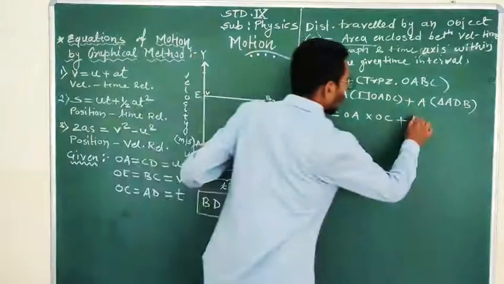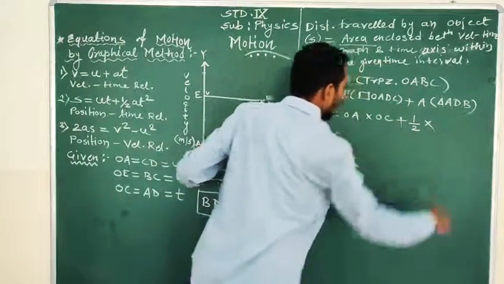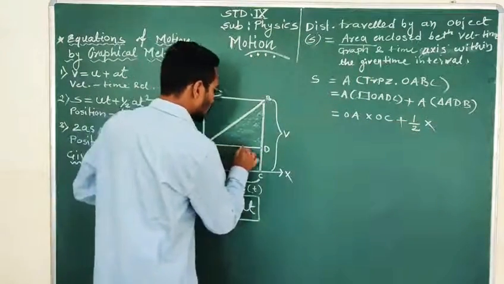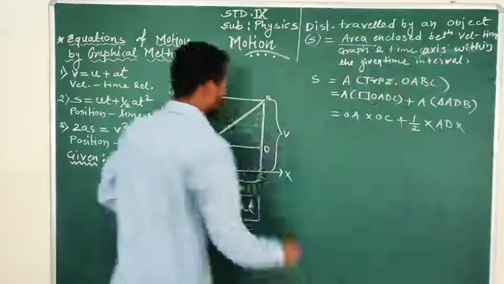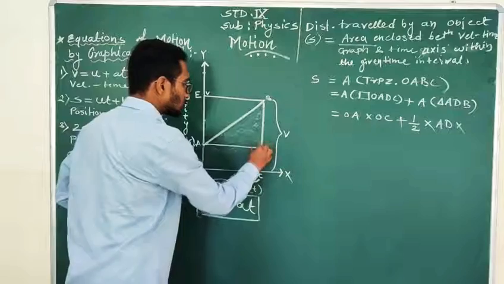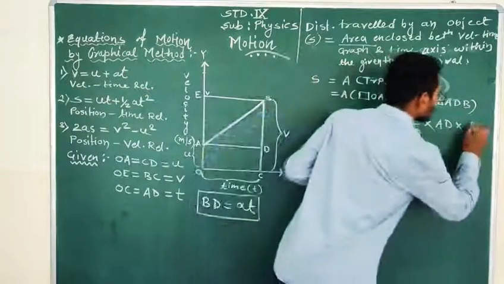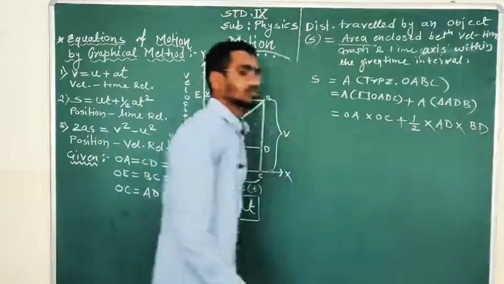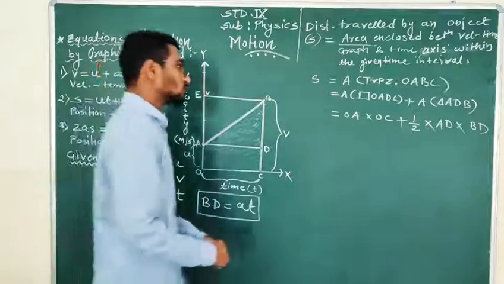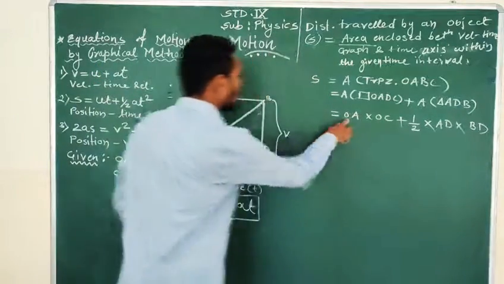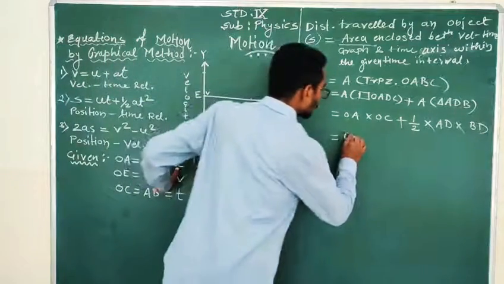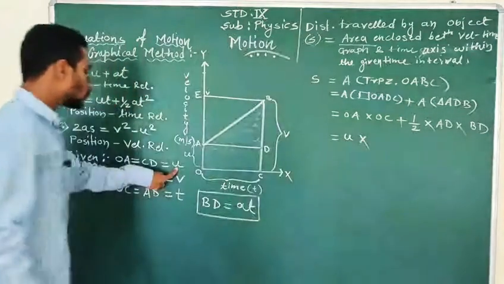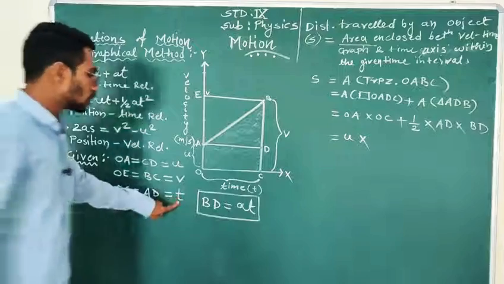So half into base AD, into height BD. Yes or no? That's it. Now put the values. OA is equal to what? OA is equal to u. What is OC equal to? OC is equal to t.